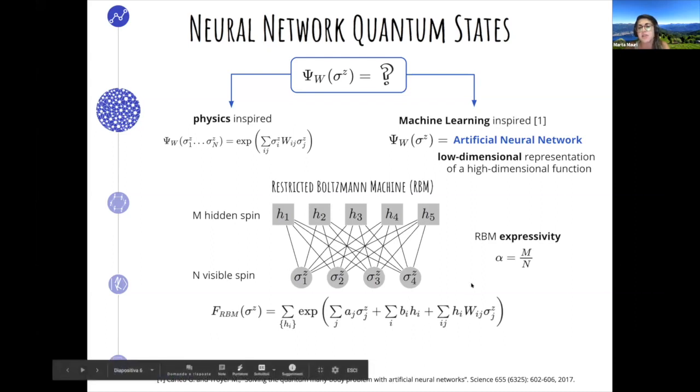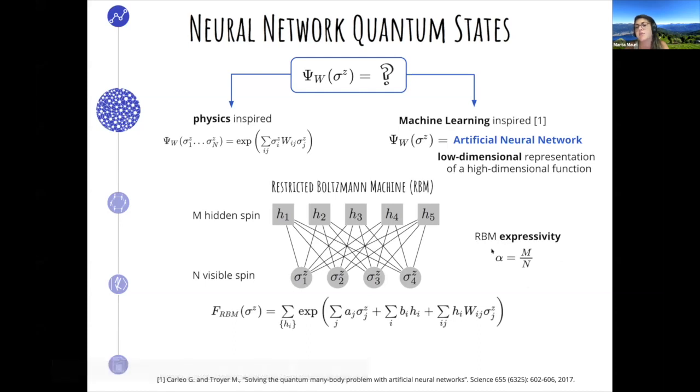Let me recall that the relevant parameter in the RBM is alpha, which is just the ratio between the number of hidden variables and the number of visible variables, which encodes the expressivity of the RBM, because the more hidden units you have, in principle, the more expressive the machine is, since we can encode more correlations, more indirect correlations between the visible spins.